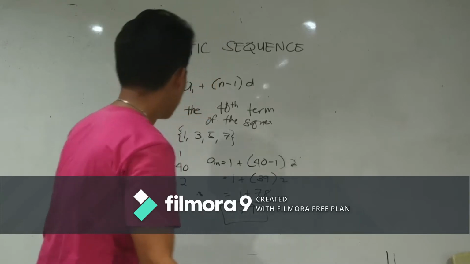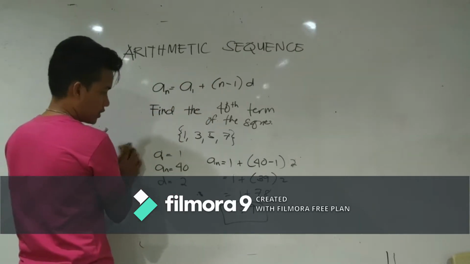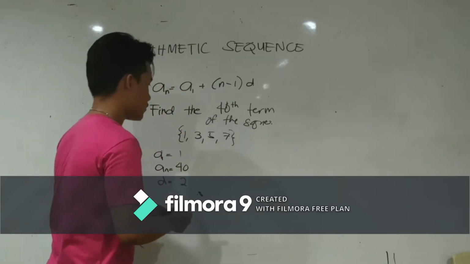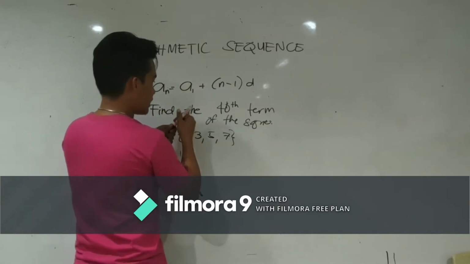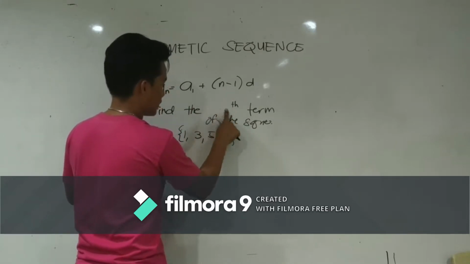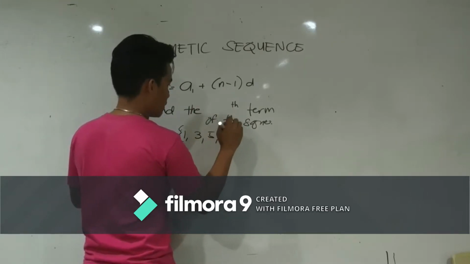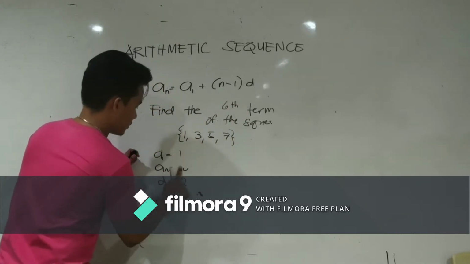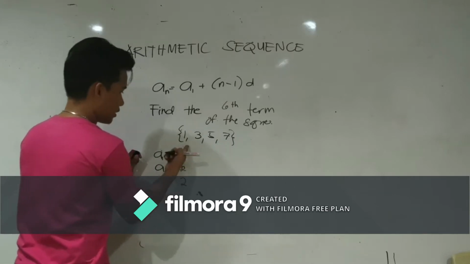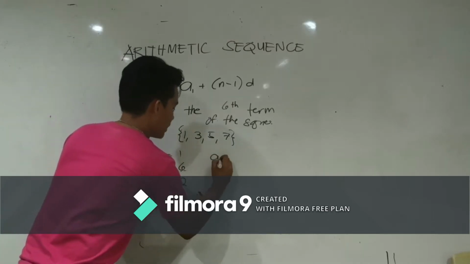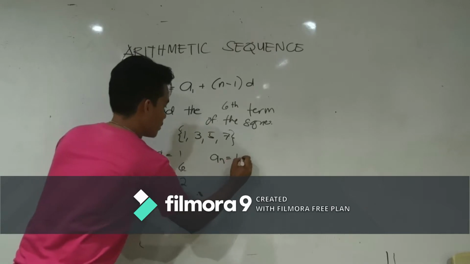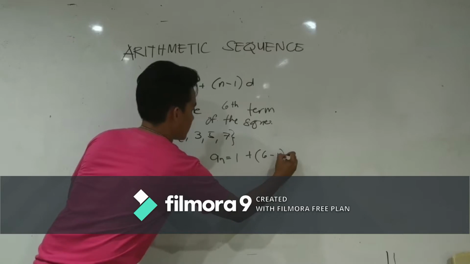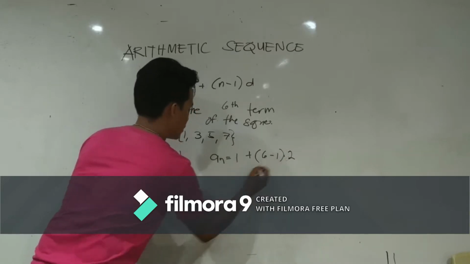Let's have another example. For example, we need to find the sixth term. So we have n equal to 6, and a sub 1 is 1. So a sub n is equal to 1 plus 6 minus 1 times the common difference 2.